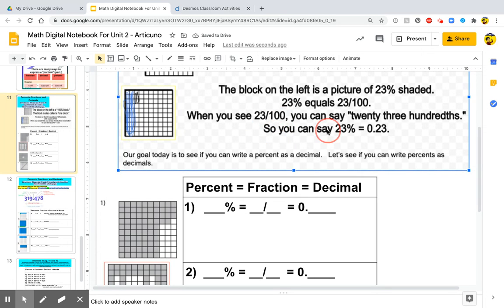So you can say 23%, which is this thing, and this thing, is the same thing as 23 hundredths. 23% is equal to this, is the same as this, which is also the same as this. 23%, 23 hundredths, 23 hundredths. Okay.